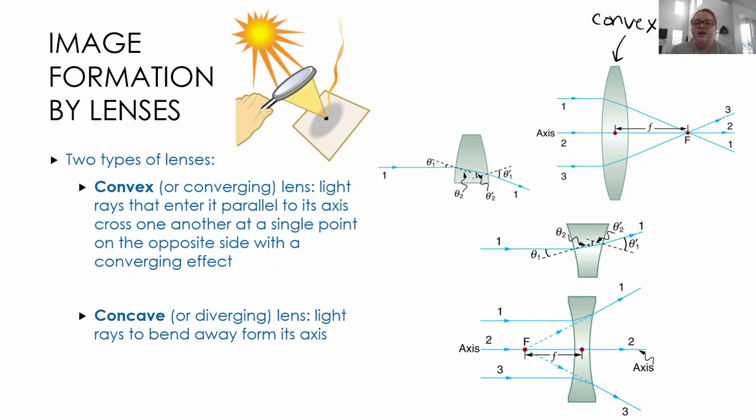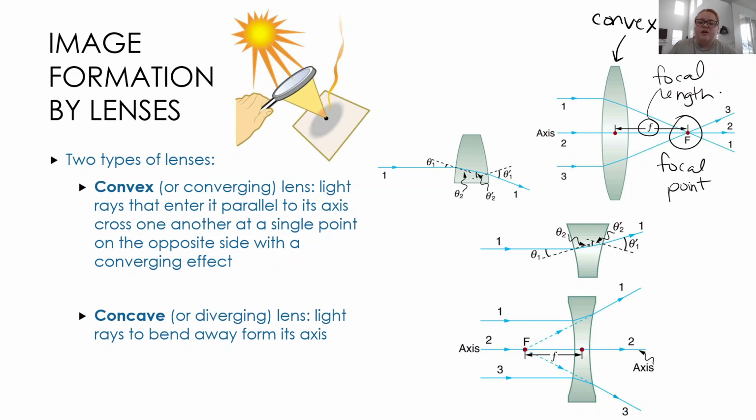And we will have that light change direction, and all of these rays will come to some point called the focal point. Okay, that's what that F is. Where that focal point is with respect to the center of the lens, this length here is called the focal length.